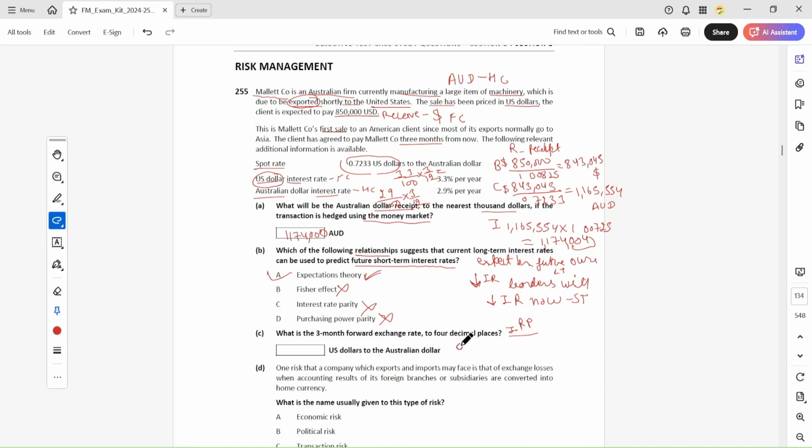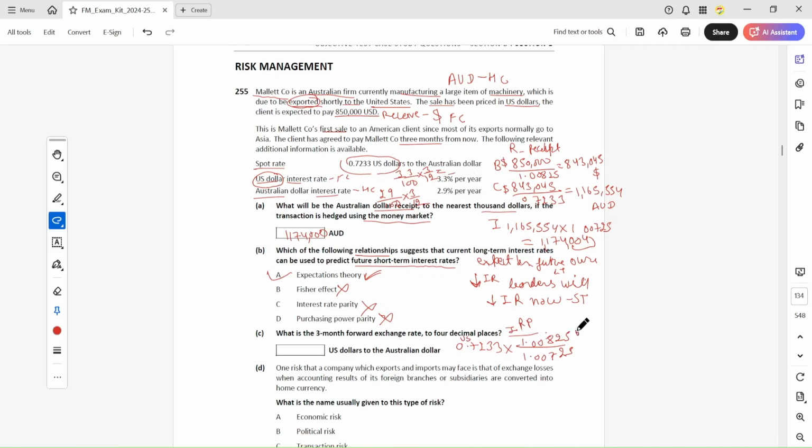So the 3-month forward rate is 0.7233 multiplied by 1.00825 over 1.00725.